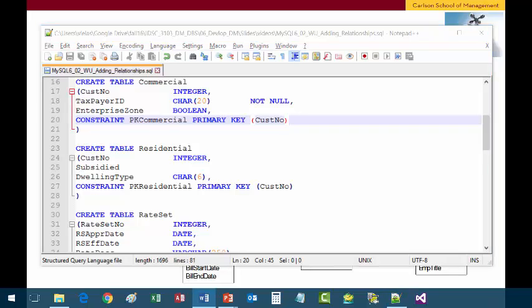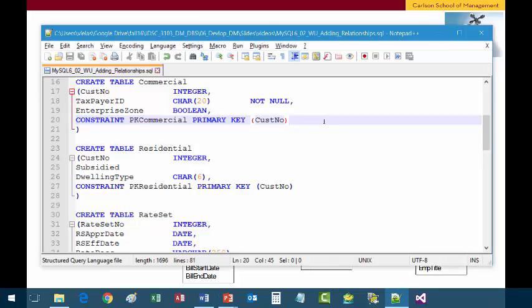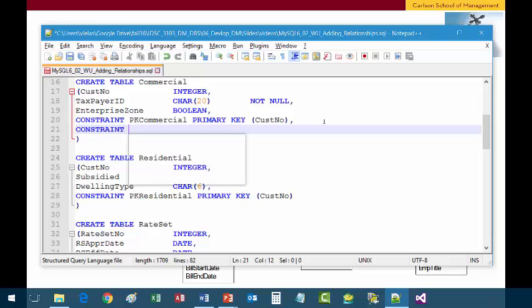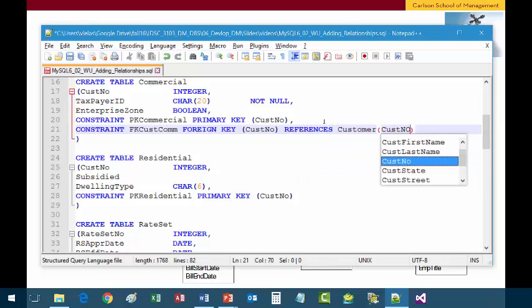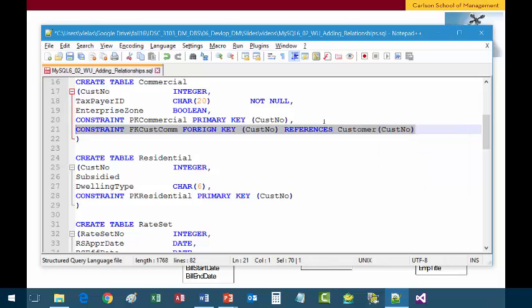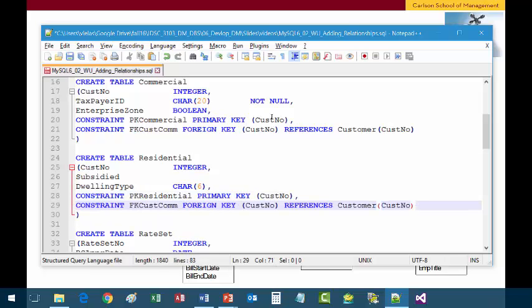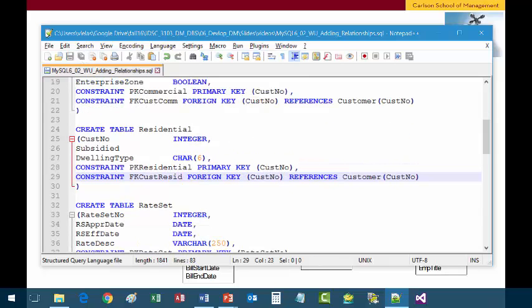The names are FK Cust Commercial, or constraint FK Cust COMM or something like that, foreign key Cust NO, references customer table, and Cust number its primary key. And then I can use this line and copy paste it after inserting the comma over here. This is resid or something. Referencing the same table.